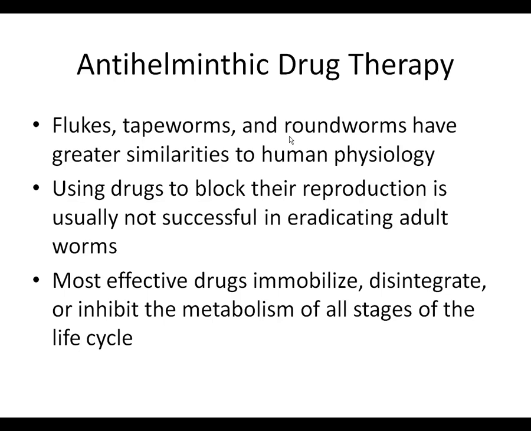So sometimes it's hard to target those. And so by blocking reproduction, you don't always eradicate the adults. You may eradicate some of the other parts of the life cycle, but the most effective way is to immobilize or disintegrate or inhibit metabolism at some portion in the life cycle.